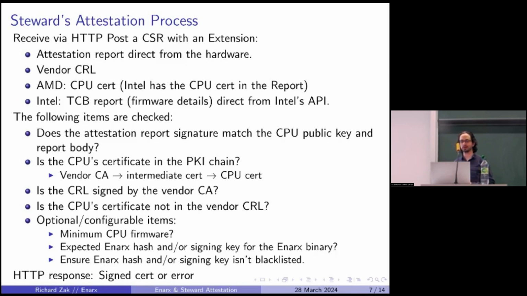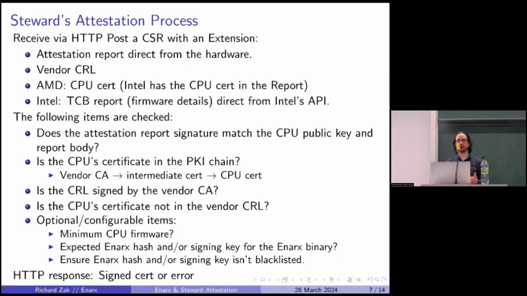Steward knows how to unpack all of this. So then it starts actually doing the checks. And it wants to make sure, does the signature of the report match the CPU's private key? I'm sorry, does the public key of the CPU match the certificate, the signature of the report? And the CPU's key, the CPU certificate, is that part of the vendor's certificate chain?